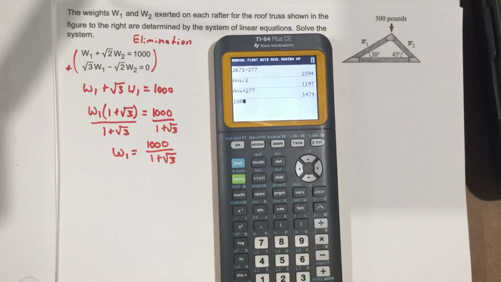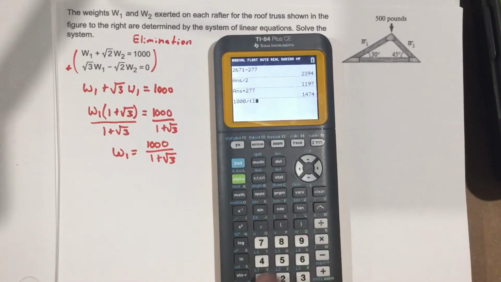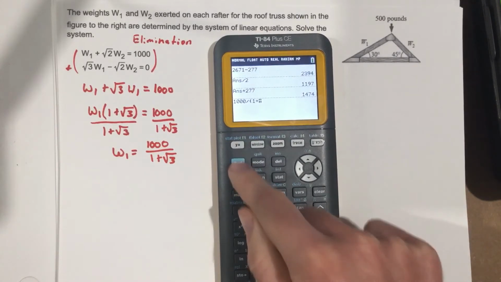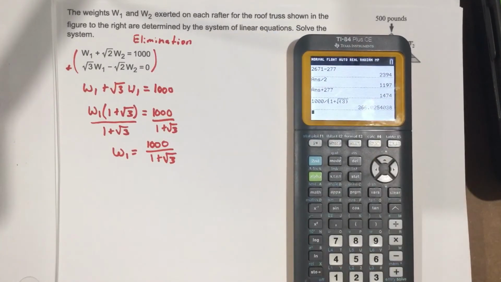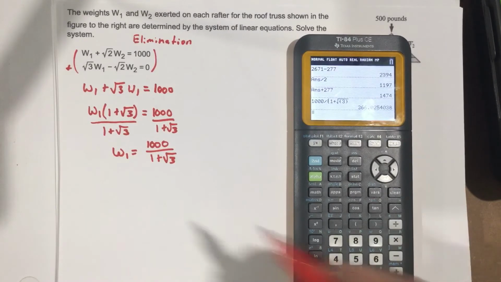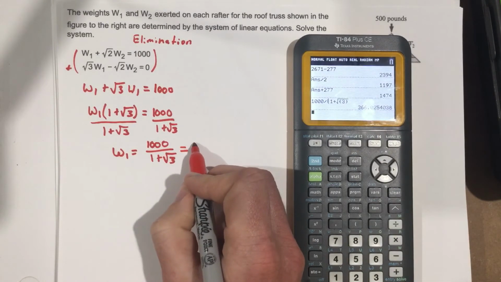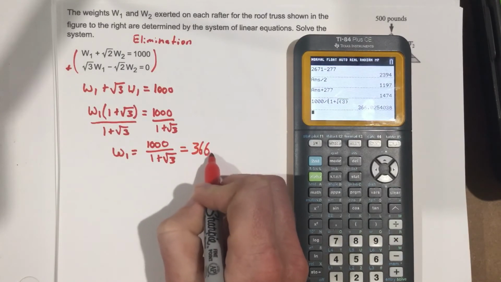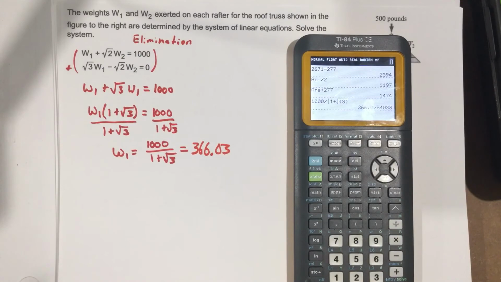So 1,000 divided by 1 plus root 3. 366.03, we'll just go with that. We'll round to the hundredths place. So 366.03 is the weight for W1.